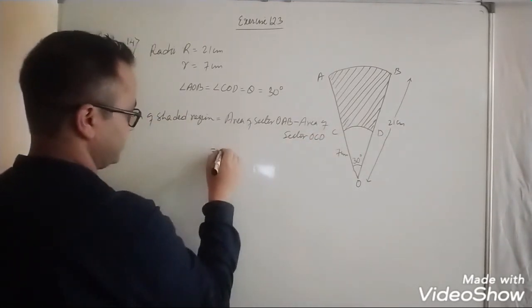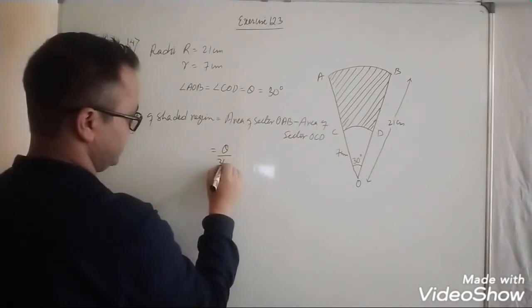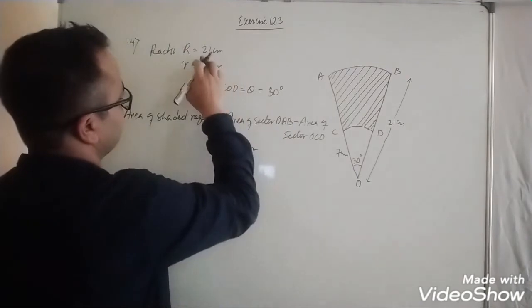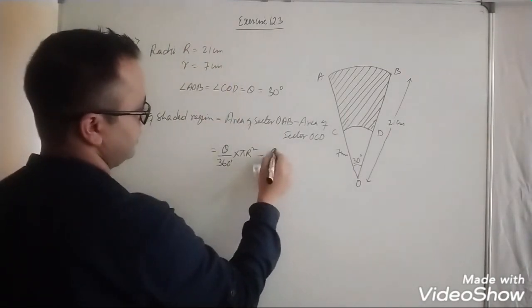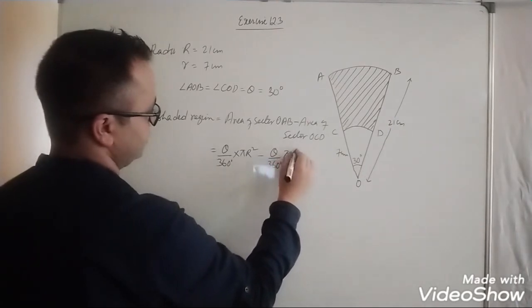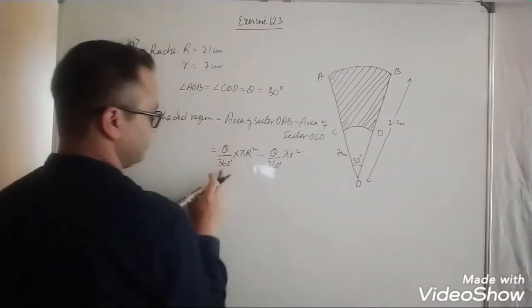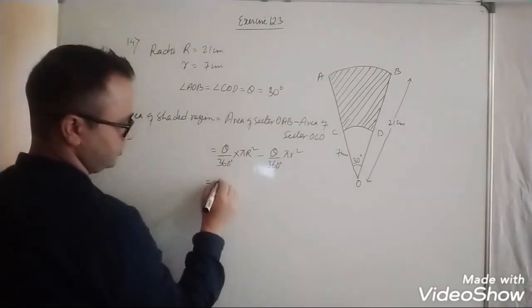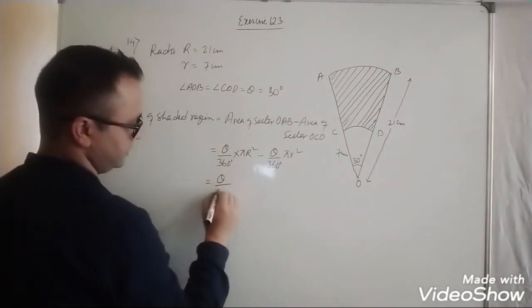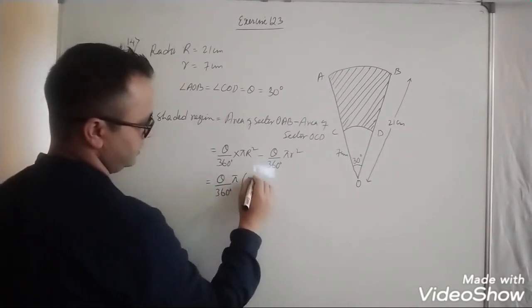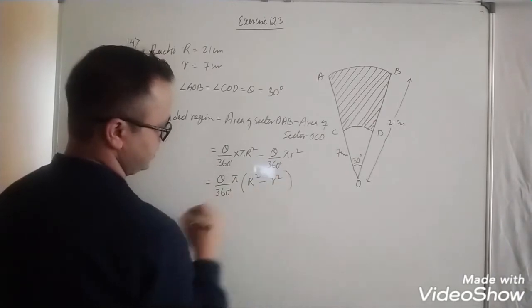The area of a sector is theta by 360 degree into pi R square, minus theta by 360 degree pi small r square. We can take out theta by 360 pi as common, and inside the bracket R square minus r square is left.